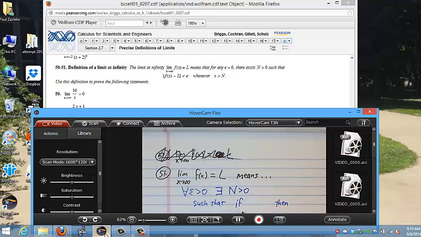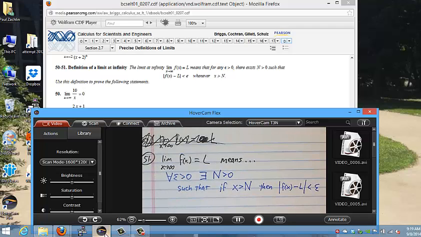So if the input is bigger than capital N, then, and now it says f of x minus L is less than epsilon. In other words, the output is going to be close to L, epsilon close. So I'm going to start with that.